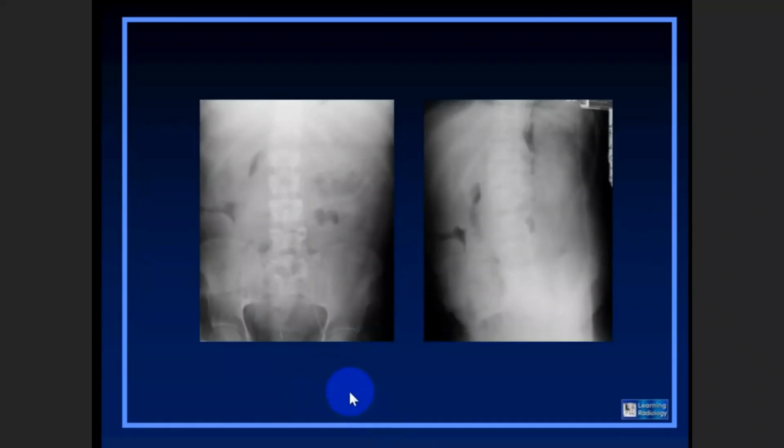Here, the previous signs of a somewhat featureless abdomen between different organs. There is some loss of the outlines.